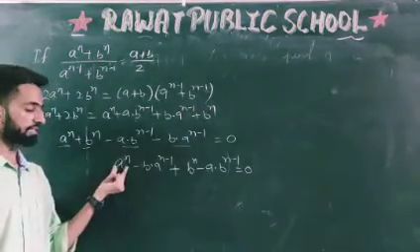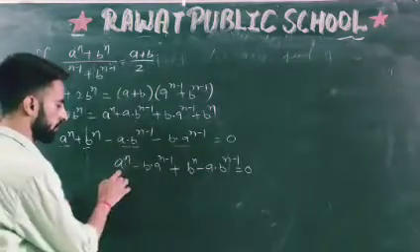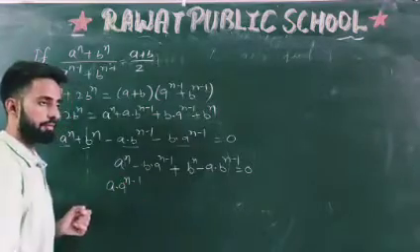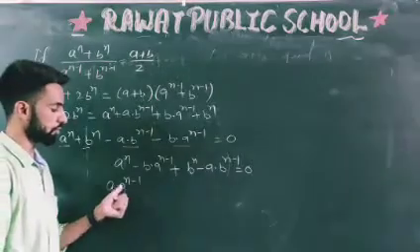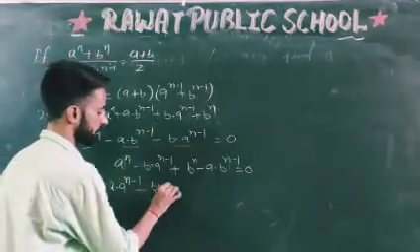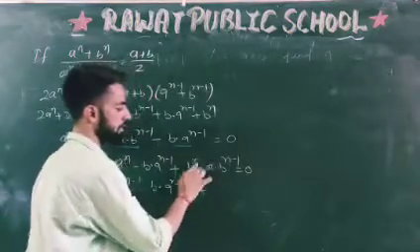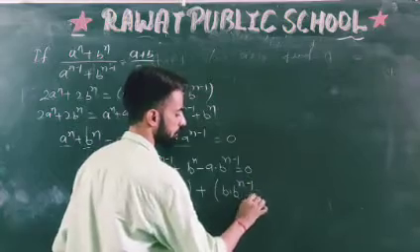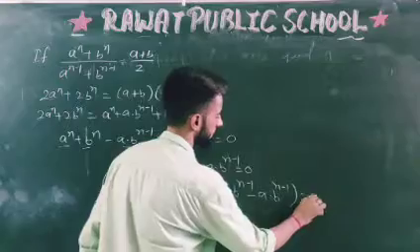For that I have to write this term in terms of a^(n-1). For that this a^n can be written as a·a^(n-1). These two are the same term, because a^(1) times a^(n-1) gives a^n. Minus b·a^(n-1). Similarly b^n can be written as b·b^(n-1), minus this a·b^(n-1), equal to 0.